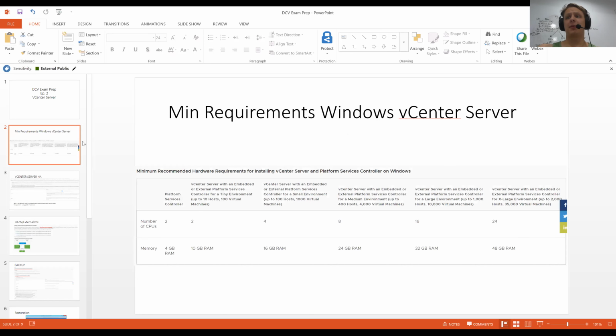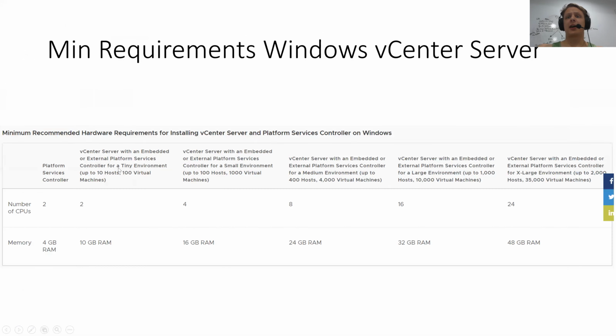So here we have the minimum requirements. This is what I was talking about before. The last one is 2,000 hosts, so it's 2,000 physical hosts. The first one is 10 physical hosts.